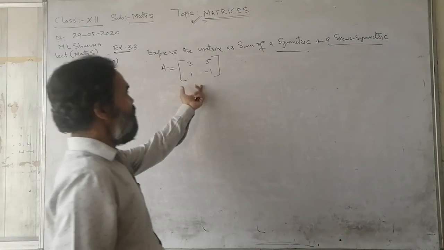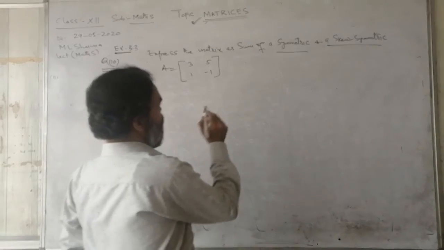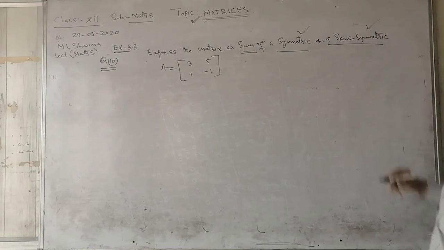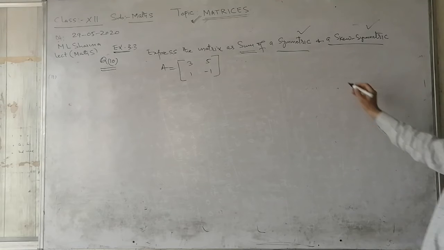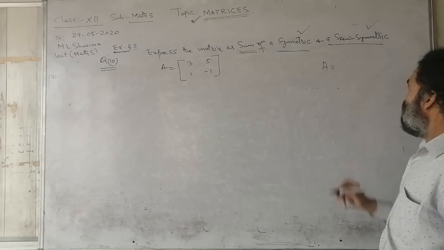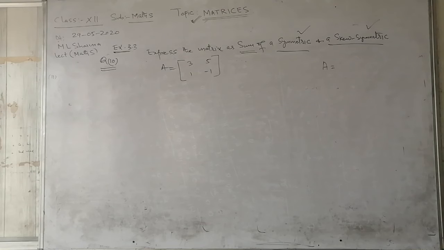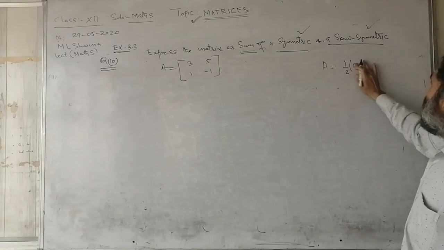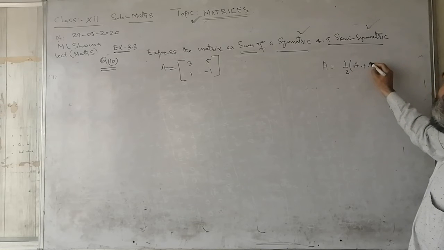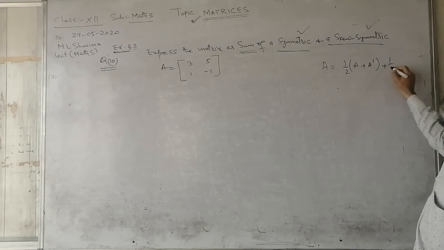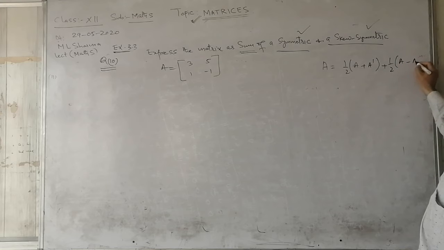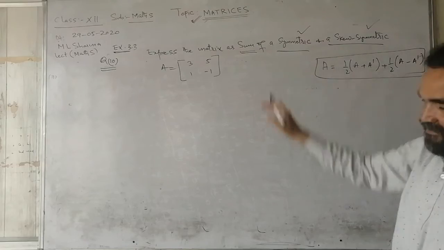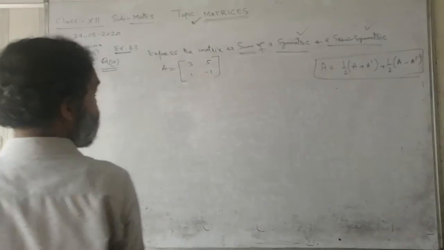This is a single matrix, which is basically a sum of a symmetric and a skew symmetric matrix. I had just written a theorem, and this theorem is to be used here.